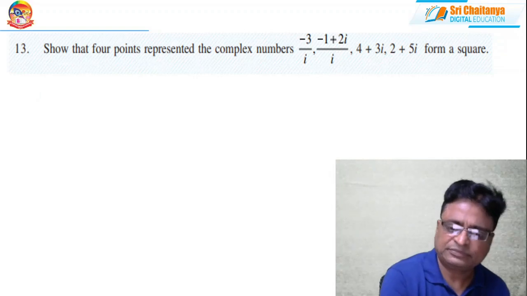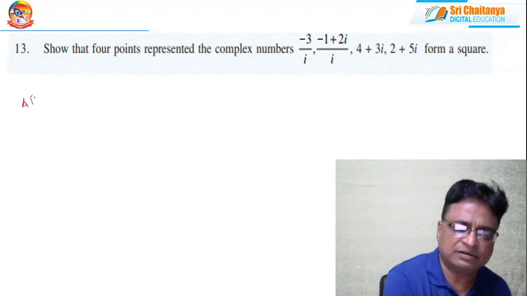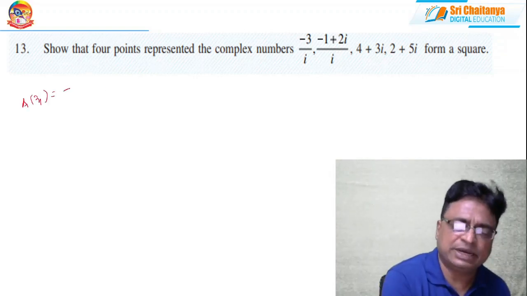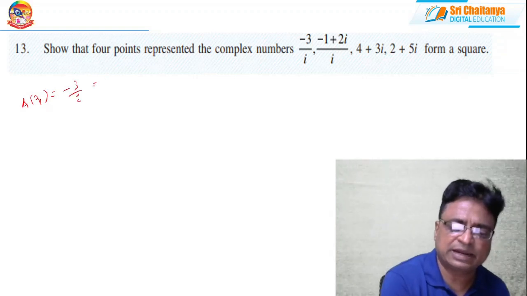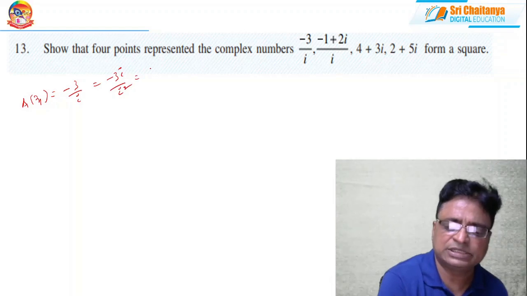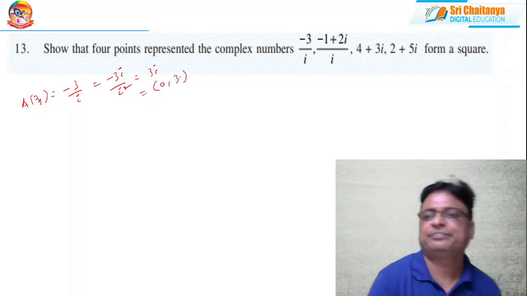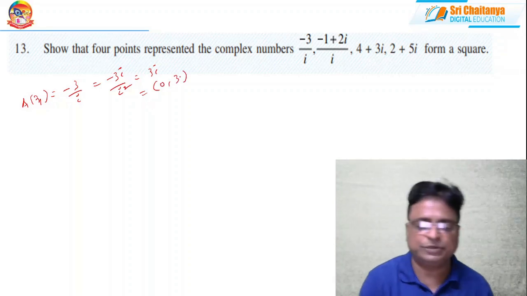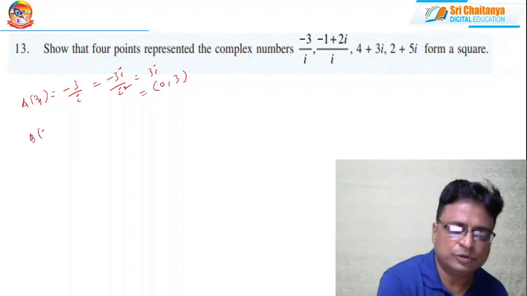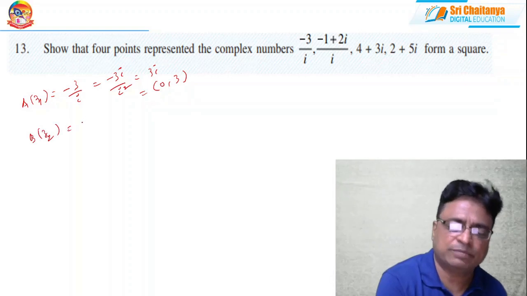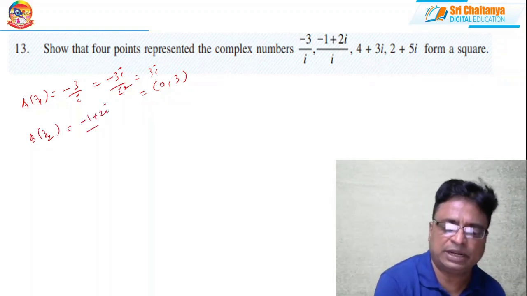Because here, A is Z1, that is minus 3 by i. This I can write as minus 3i by i square, that is 3i. As a point, this is 0 comma 3. Like that you need to do. B, Z2, that is minus 1 plus 2i by i.